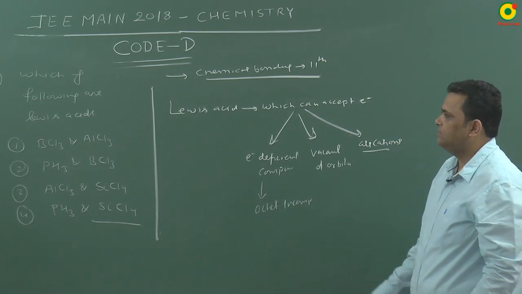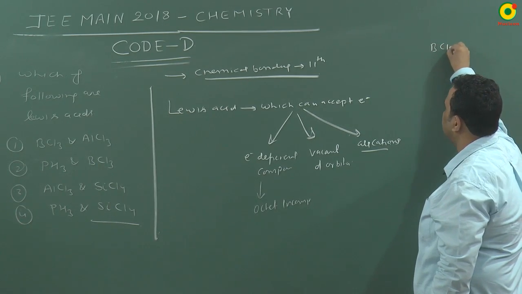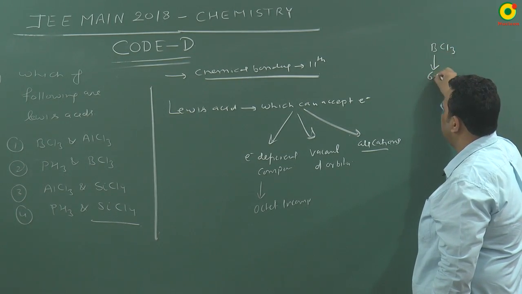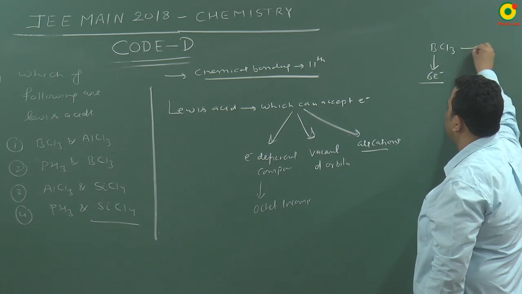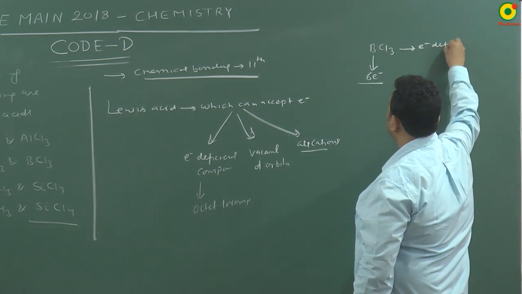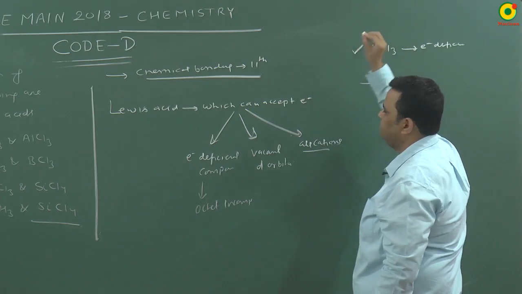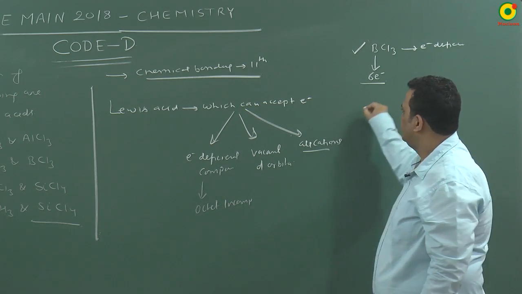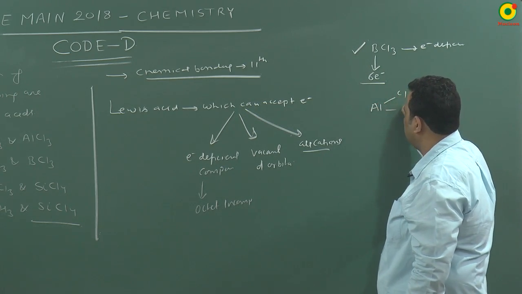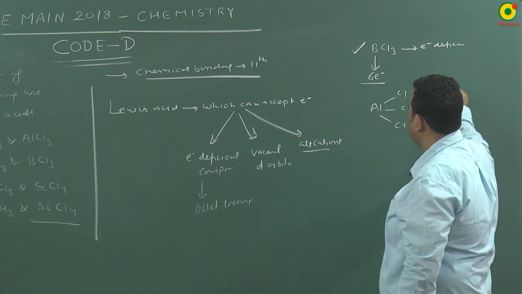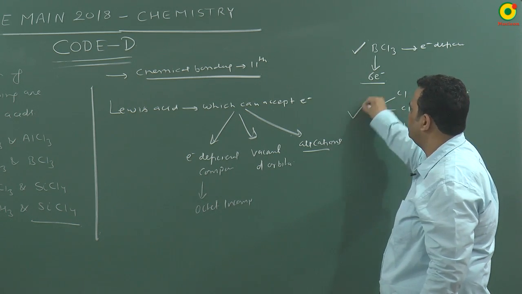So in this question, if I see BCl3, the central atom has 6 electrons, meaning it is electron deficient. So one option is BCl3. If I take AlCl3, the aluminum has 6 electrons, so this is also electron deficient.